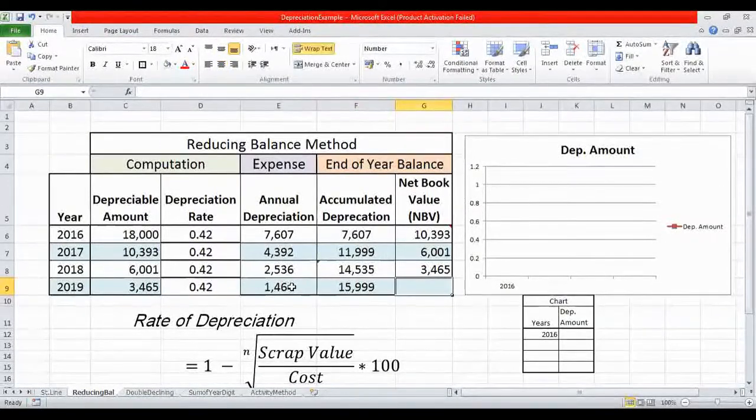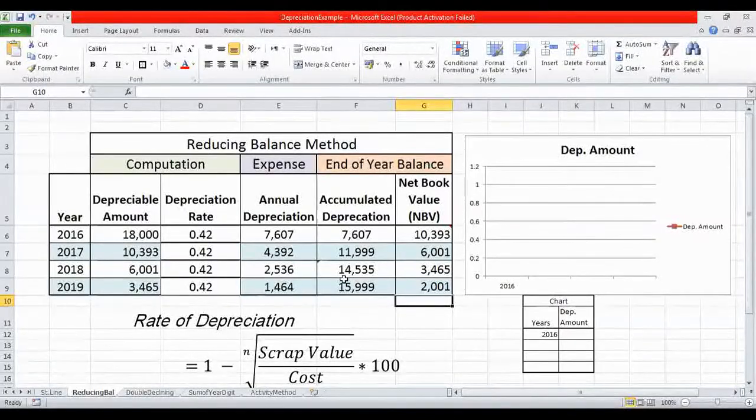In order to calculate the last amount, we are using the simple formula 18,000 minus accumulated depreciation. You can see 2,000, which is our scrap value at the end. This method at the end will give us the scrap value because of the formula which we are using. Automatically, the scrap value will be at the end.